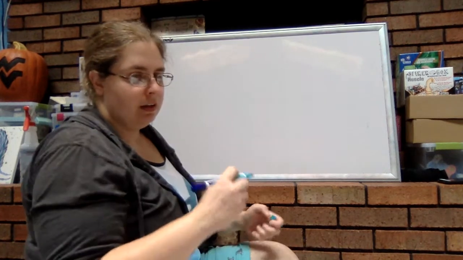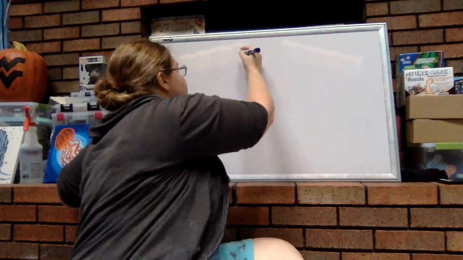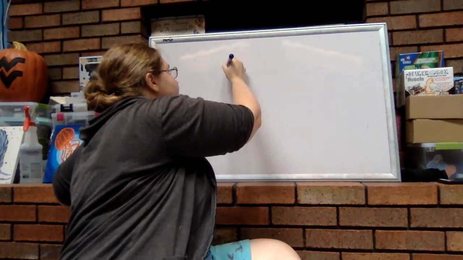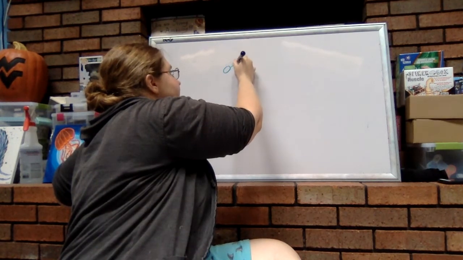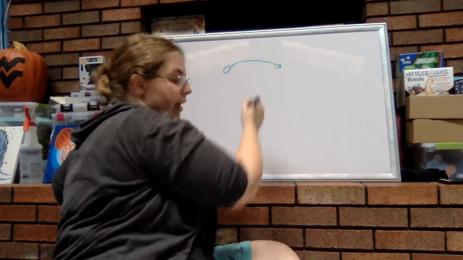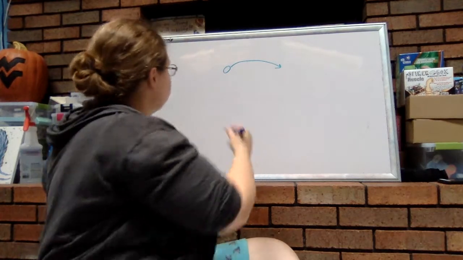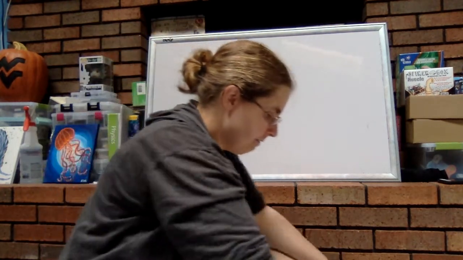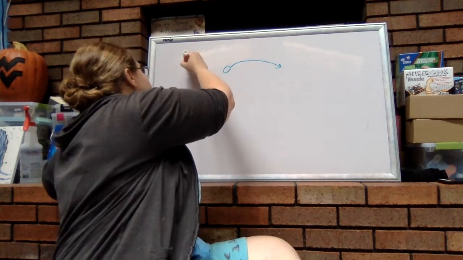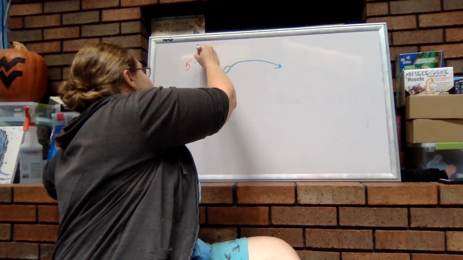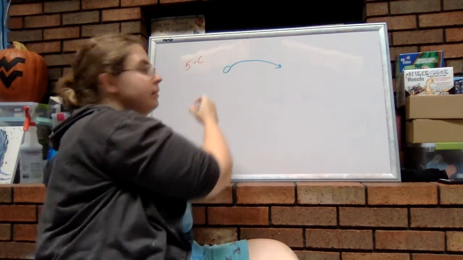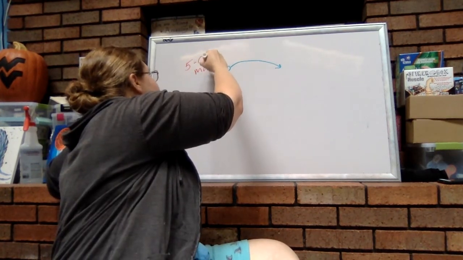Alright. Now it's called a cycle. So we're already going to have certain molecules in it. And this particular molecule is a 5-carbon molecule.